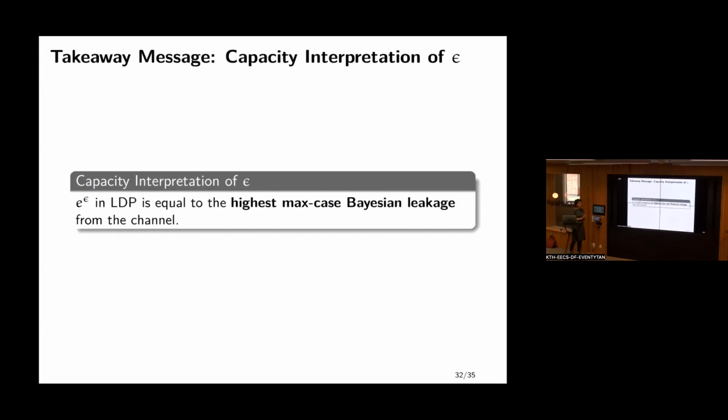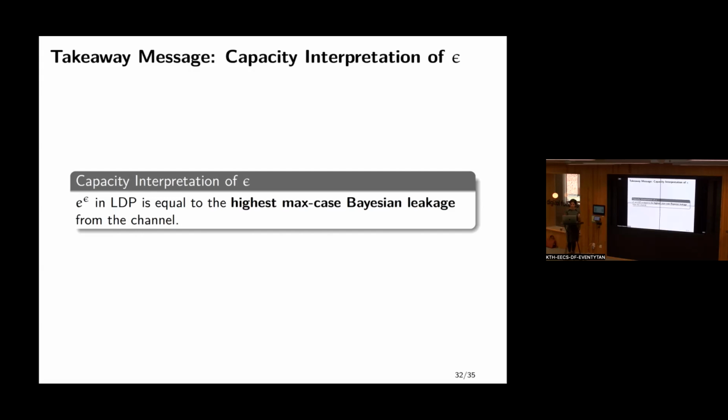And as a takeaway message, all I want this talk to get across is that the value of e to the epsilon is equal to the highest max-case Bayesian leakage from the channel. It has a capacity quantity associated with it. You cannot go above this value in terms of Bayesian attacks, but there is only one particular attacker that can achieve this. Not everybody can achieve this.